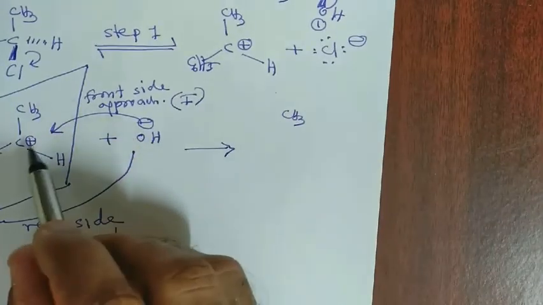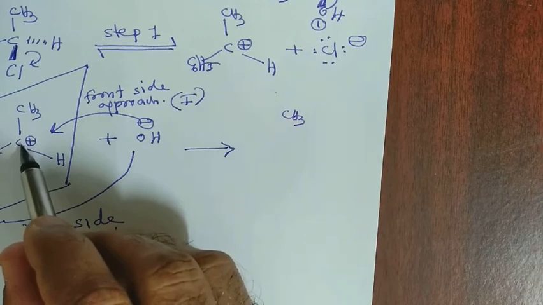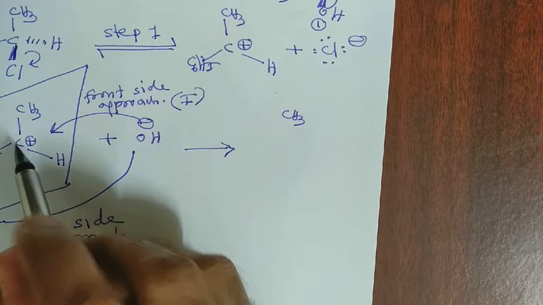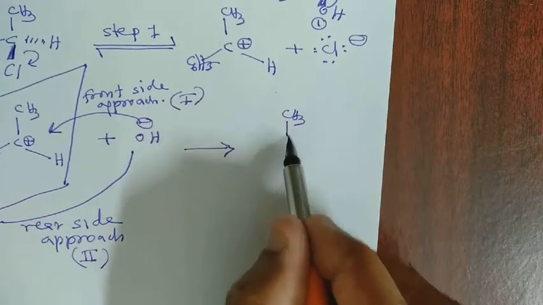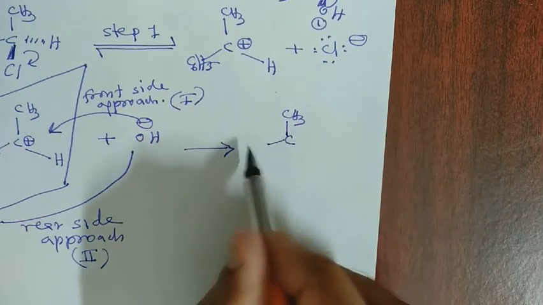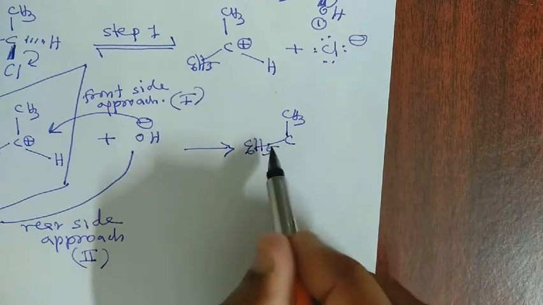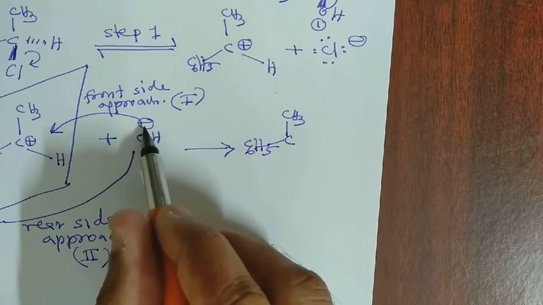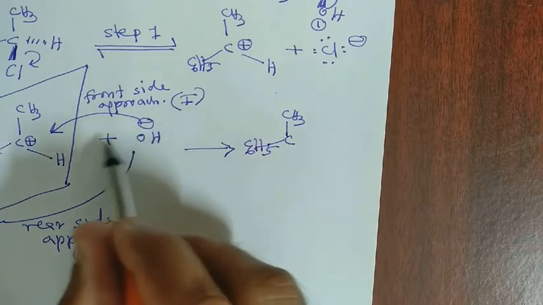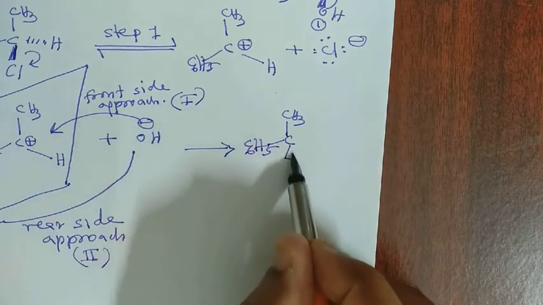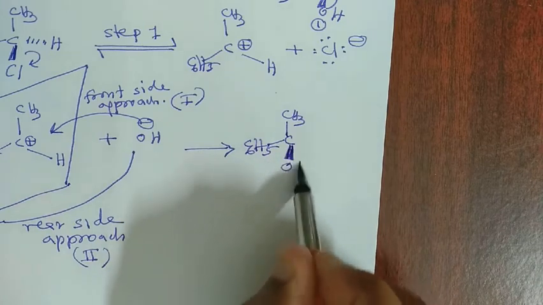Once OH minus makes a bond with the positively charged carbon, the hybridization of the central carbon becomes sp3. That is, groups are distributed tetrahedrally around this carbon atom. In the front side approach, OH minus occupies a solid wedge position.